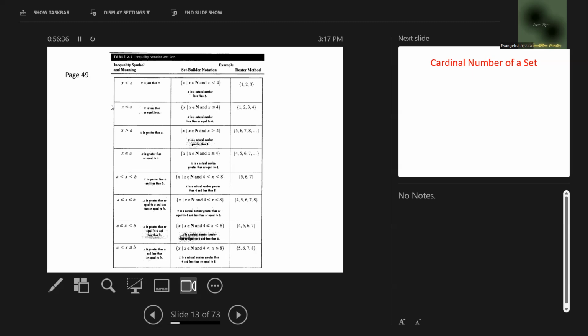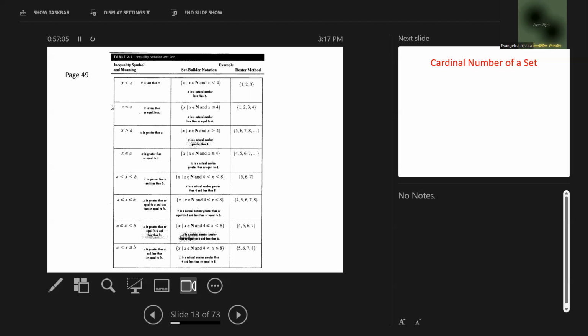Here, x greater than or equal to a and less than or equal to b. Same as before, except that now we made it inclusive, so you have to include 4 and 8. Remember, this is set builder notation, this is roster form, and this is basically the description.